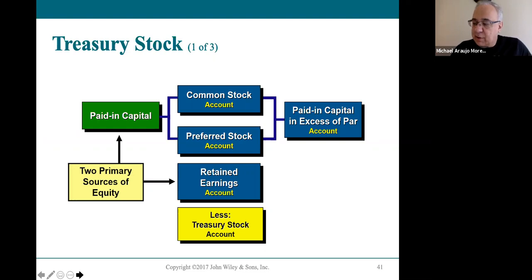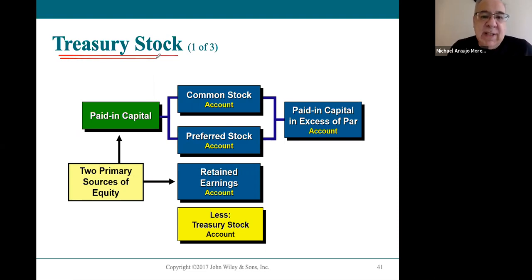Corporations got a very large tax cut, and they already had a lot of cash. So what they did with the extra cash is they started buying back shares. That means the corporation itself buys shares from people who already own the shares on the market. Corporations that buy their own stock, that's called treasury stock.